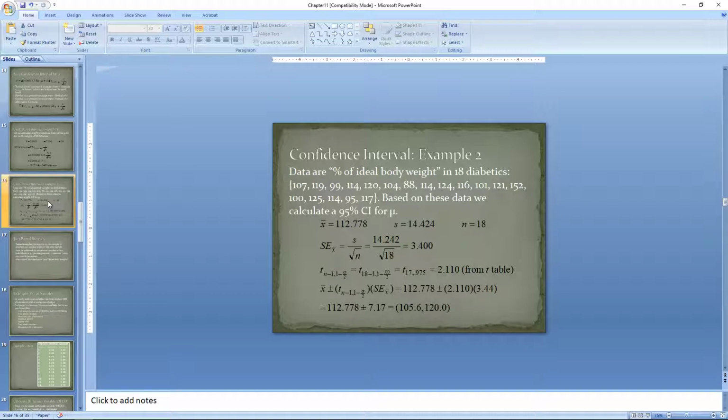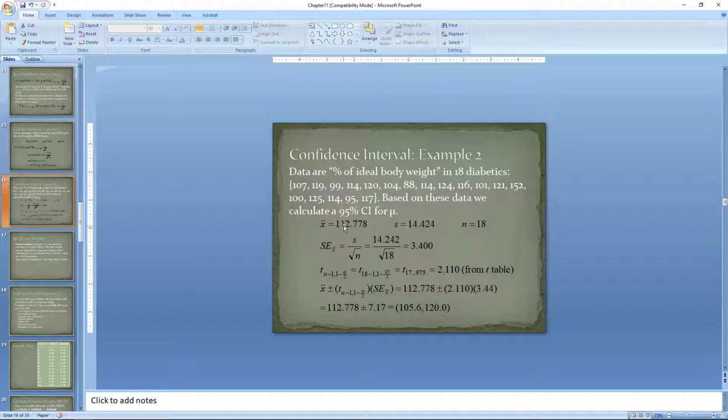A second example is we have the percents of ideal body weight in 18 diabetics, and here we have a data set. Based on these data, we want to calculate a 95% confidence interval for mu. We have to actually take the data set and calculate it out.